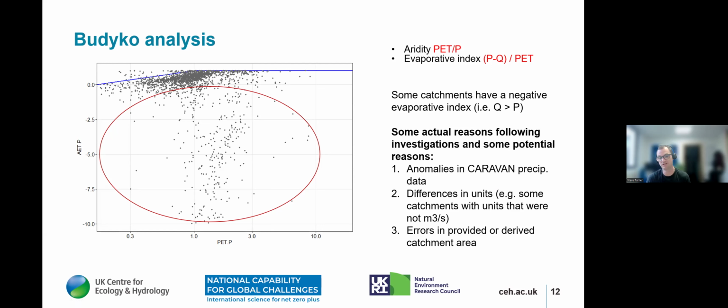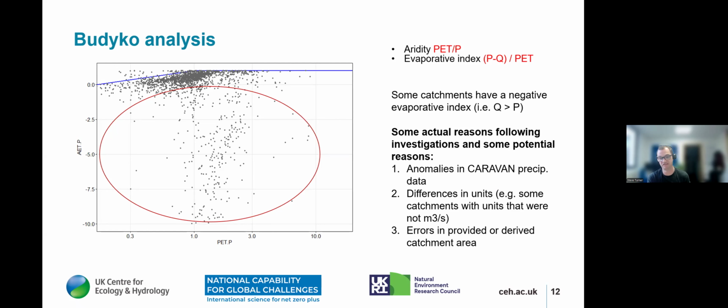Because we're doing this runoff calculation, there may have been errors or anomalies in the catchment area that was being provided or derived by us, which could give this negative index. And also we were using a global rainfall product, which might perform really well, but there might be some areas where it doesn't perform as well.